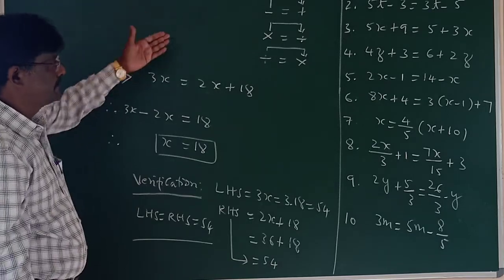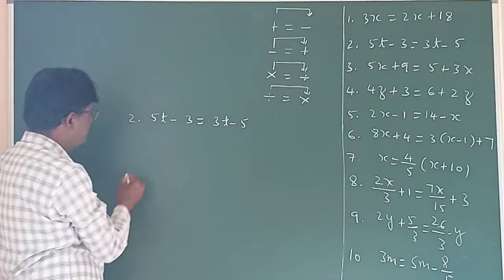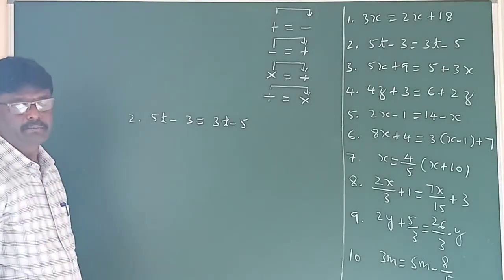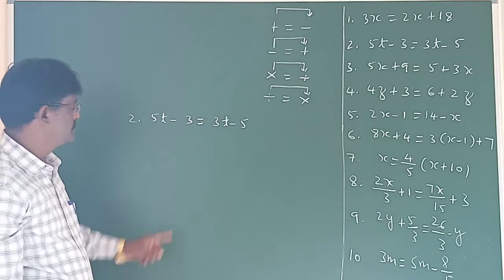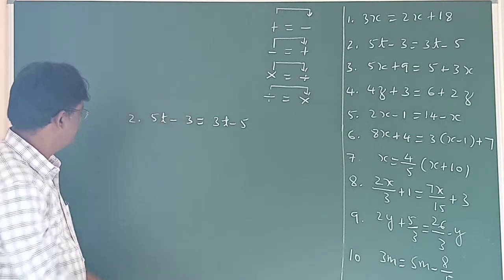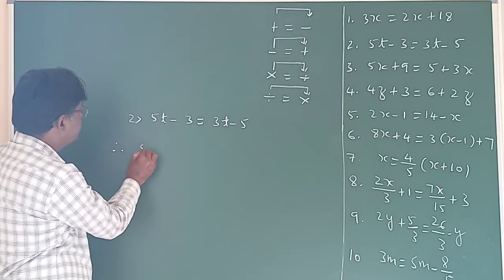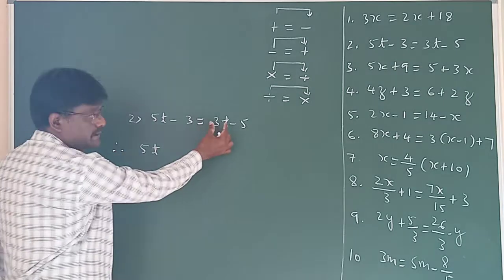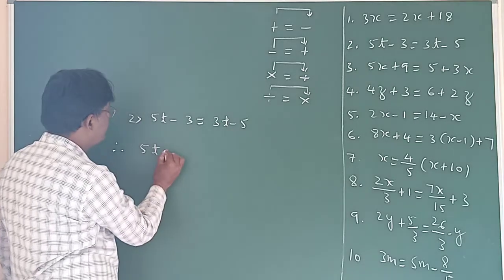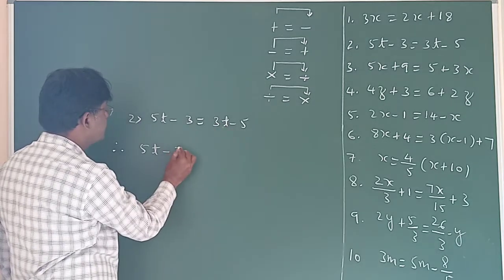Now we shall take second sum. Okay, now here the variable is which one? T. Therefore, second sum, 5t. Here we have 3t. Transpose that to the left hand side.